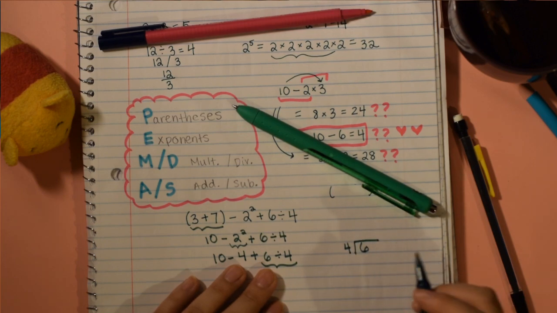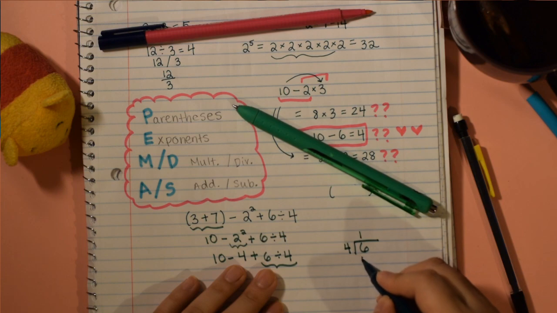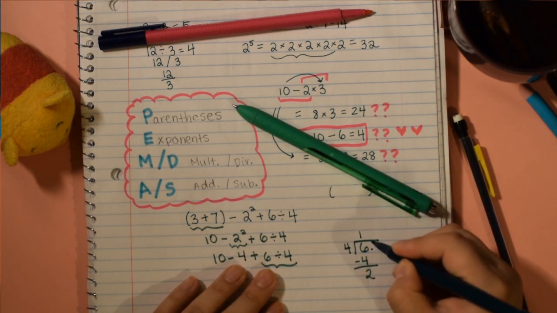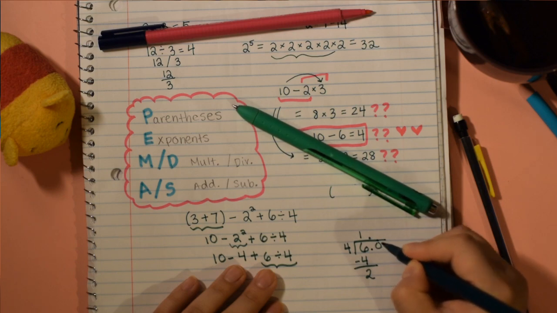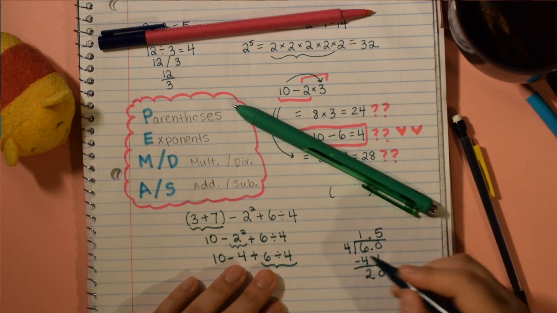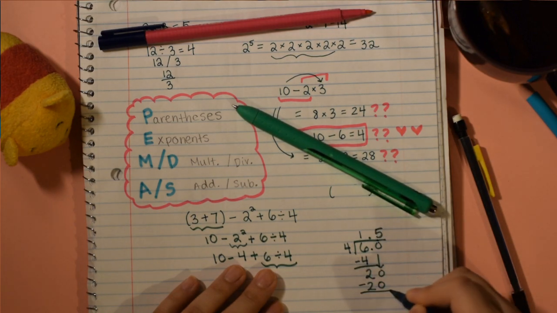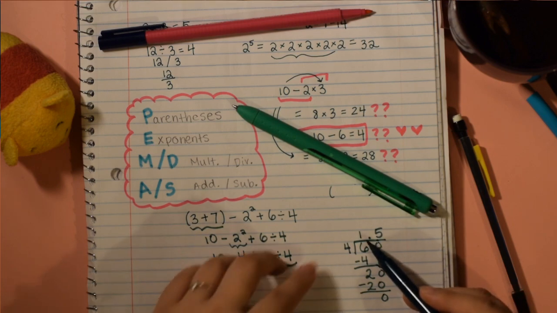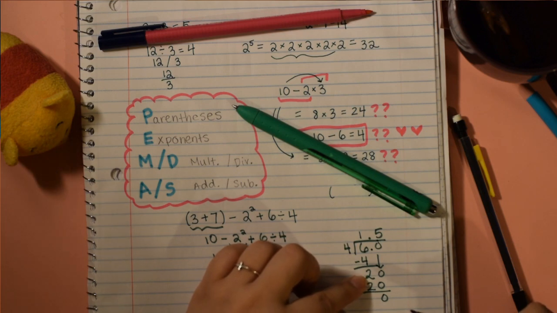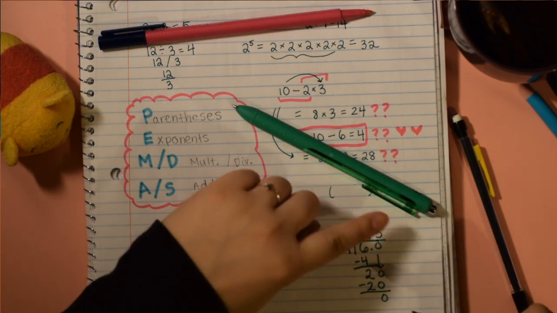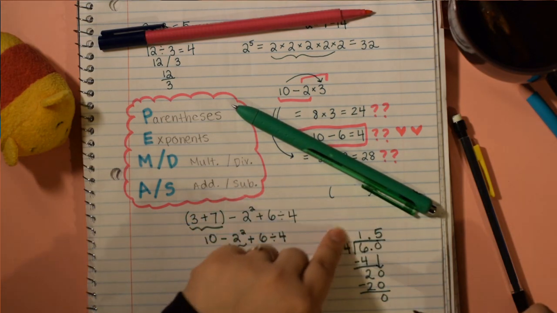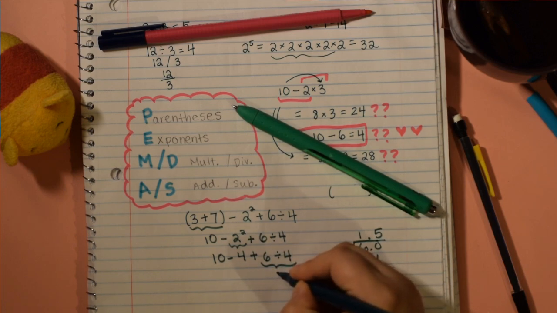Let me know if you want to do that together. 1 times 4 is 4, and you have a 2, so you can put a decimal up here, bring down a 0, and 5. So 1.5, or you could have just done 1, and since there was a remainder of 2, you could put the 2 over 4, which is 1/2, which is 0.5. Whichever, we get 1.5.